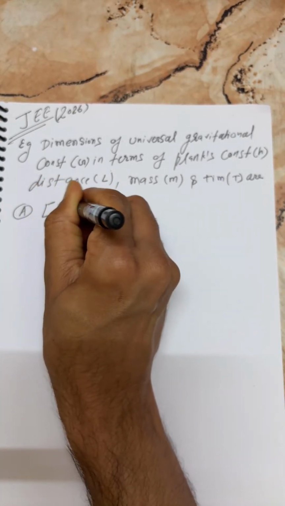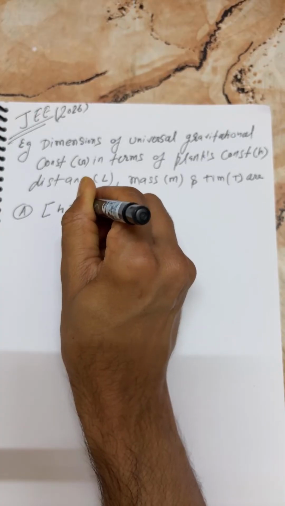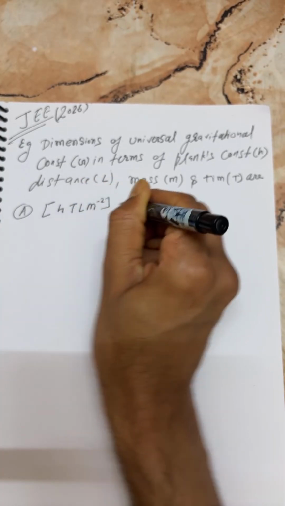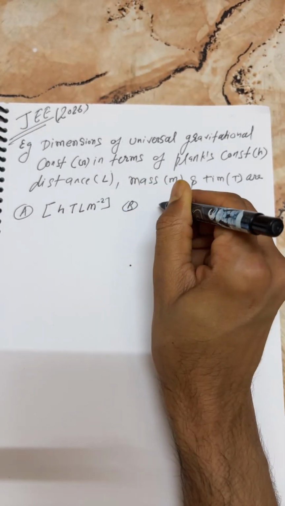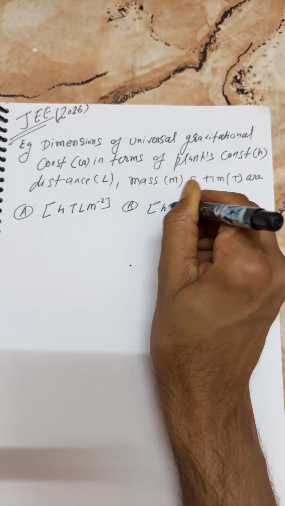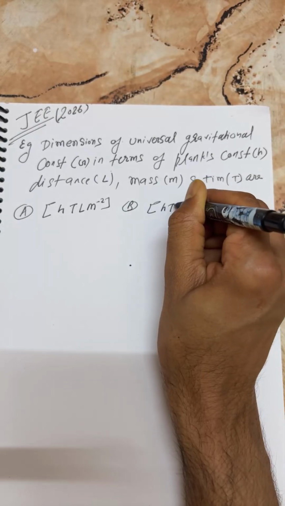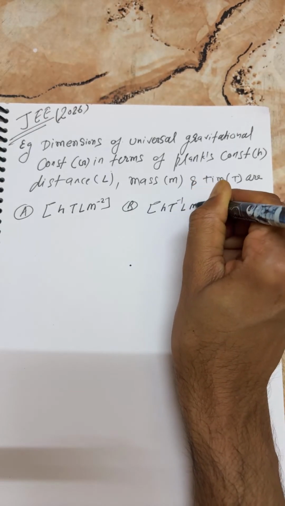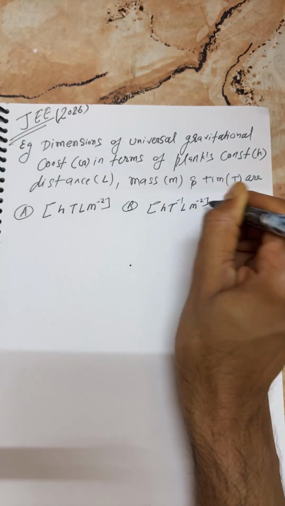This is H T L M to the power -2. Then H T to the power -1 L M to the power -2.